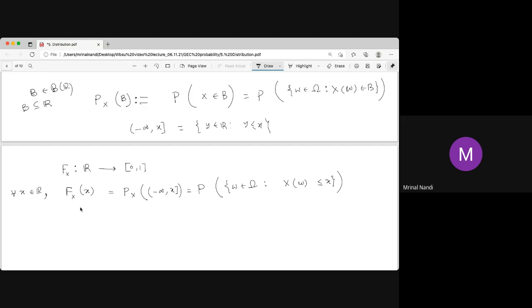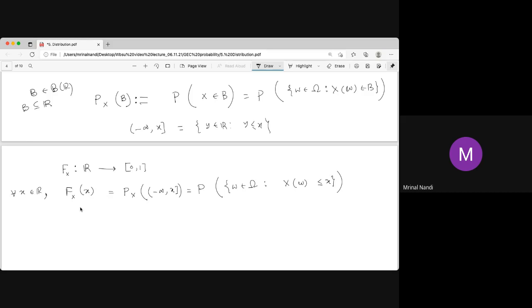If you just know what is F, this is F, not F_X, just F. What is F(1), what is F(2), F(0), F(-2), F(2.5)? If you just know this function, then you can find the probability of X belonging to 3 to 5, or -7 to 9, or e to 10, all these things. All these interval probabilities you will know.